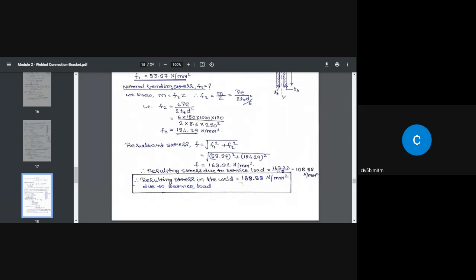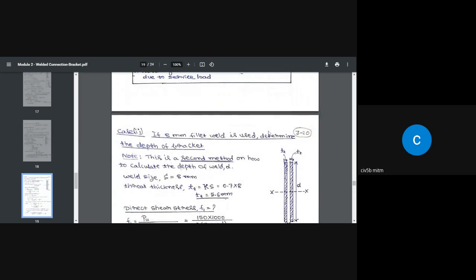That is the actual stress the extreme weld is going to be experiencing as a result of 100 kilonewton service load. That is the maximum load to which the bracket is subjected in reality or in service. Okay, so this is the stress.